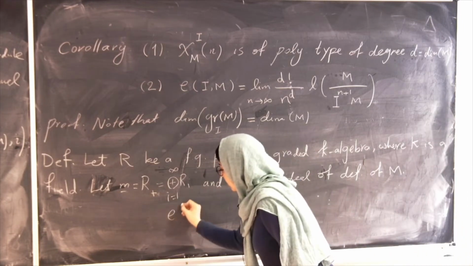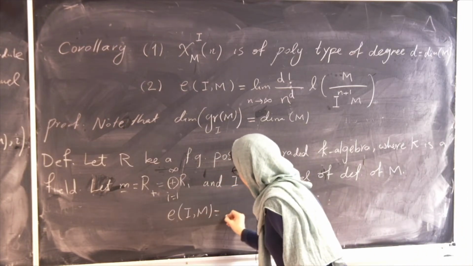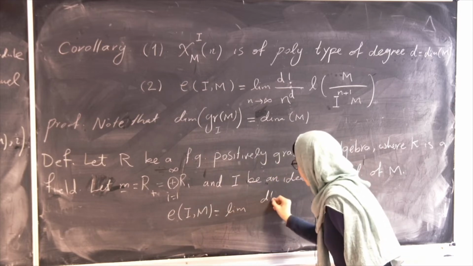Again, we set the multiplicity of M with respect to I just as the limit that we have above.